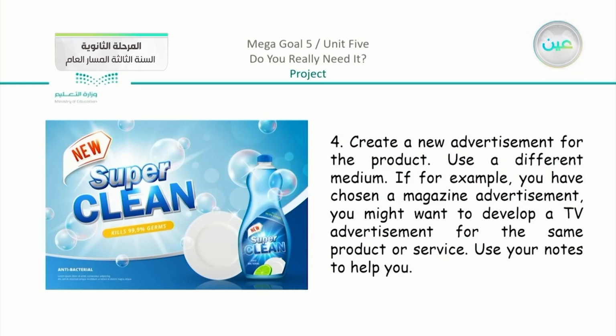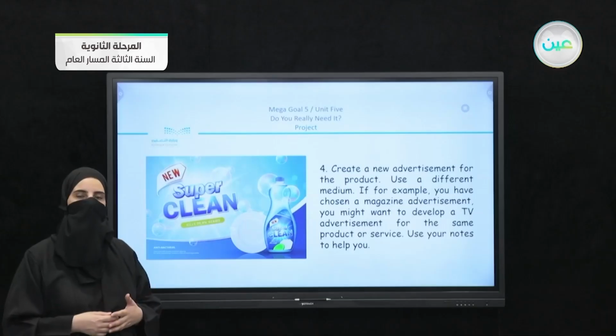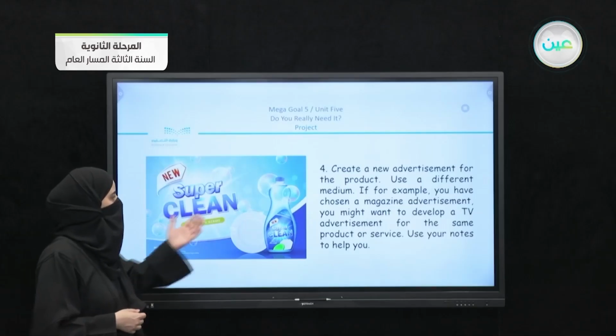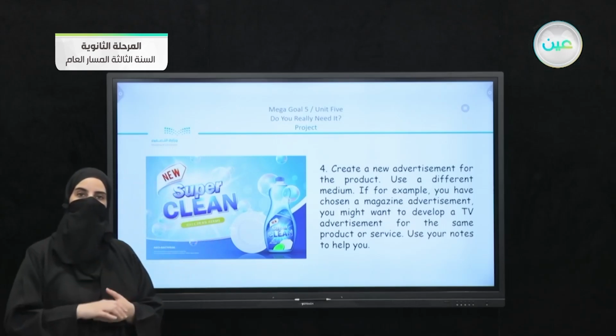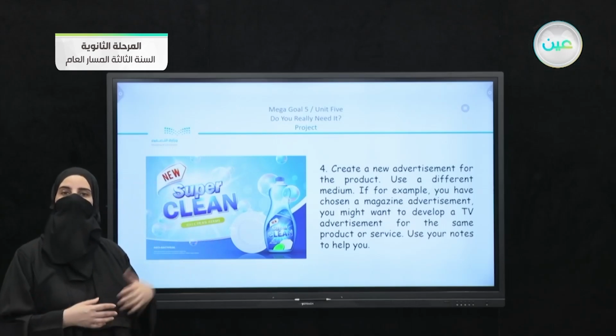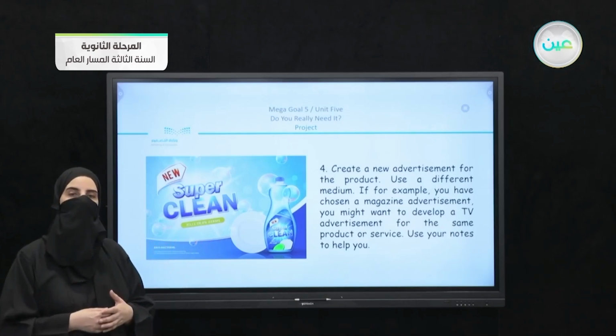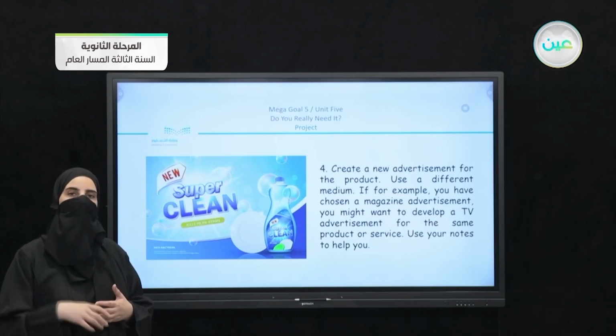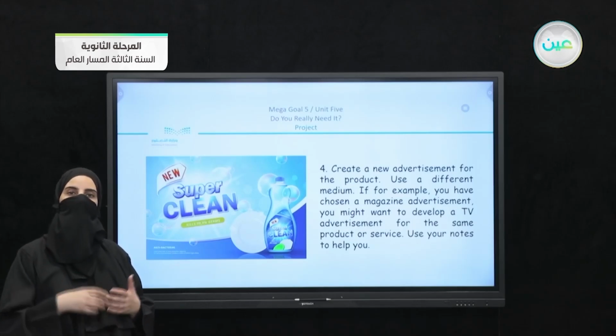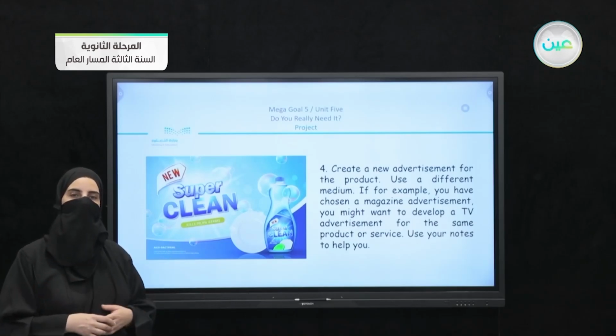As we have just discussed, you can find in the book the same instruction to think about something else. For example, if you have seen a dishwasher liquid or a kind of soap in a magazine or on a billboard, think about how you can turn it into a TV advertisement, and how you can attract more people to use this kind of product.